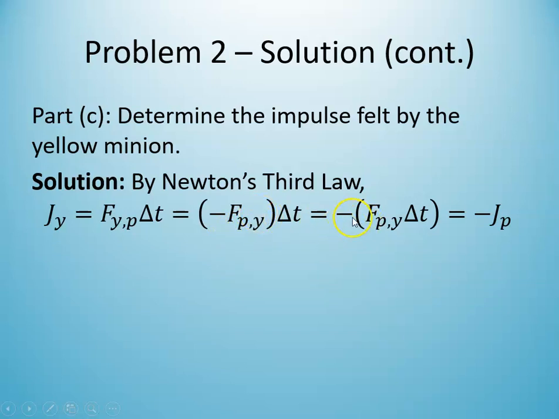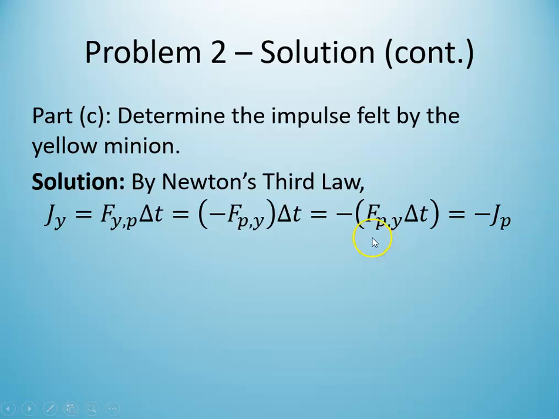Well, let's pull out that minus sign. We know the force felt by the purple minion as a result of the collision with the yellow minion. That's what we just calculated in part B. So, since the times for the collisions are, of course, the same, that means that the impulse felt by the yellow minion is the negative of the impulse felt by the purple minion. And I misspoke.